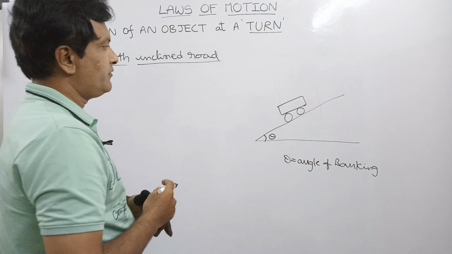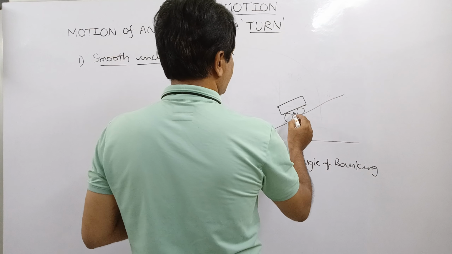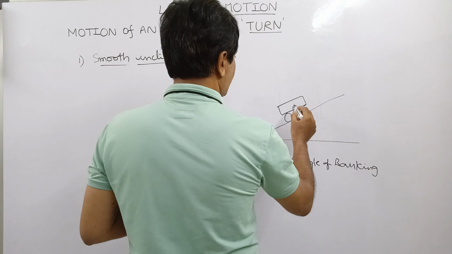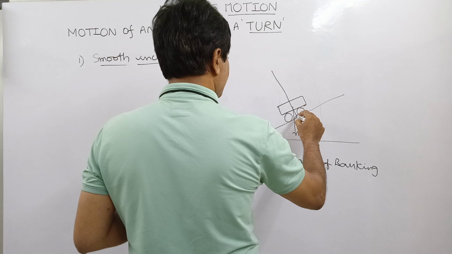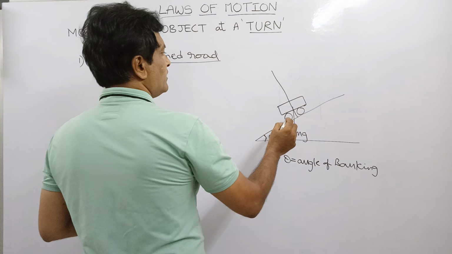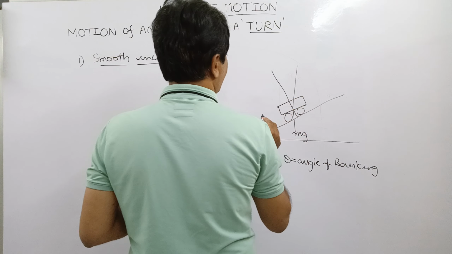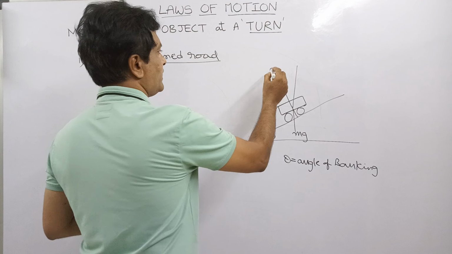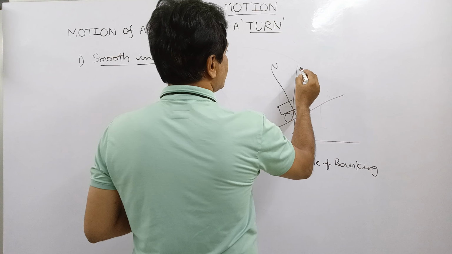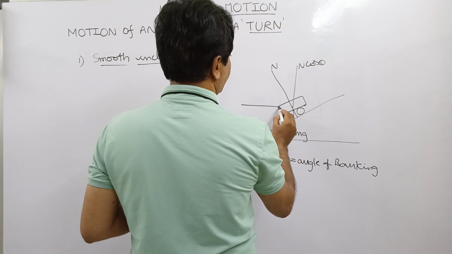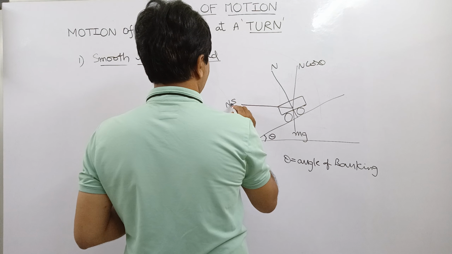Here if you observe, the weight of the body is downwards, so the normal reaction will be like this, and if you draw the components of the normal reaction, this will be n cos theta and this will be n sin theta.